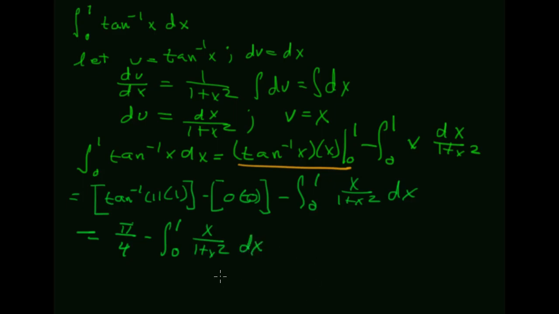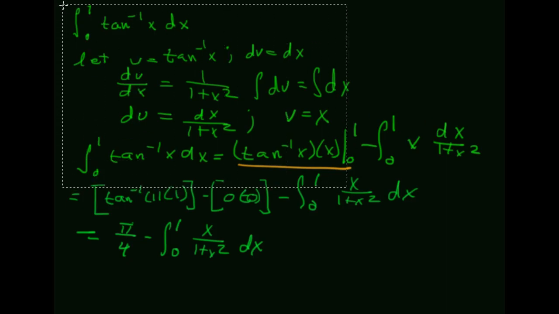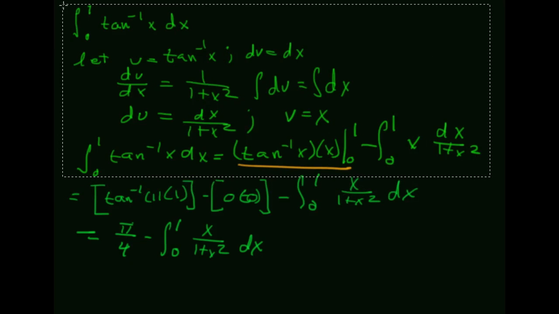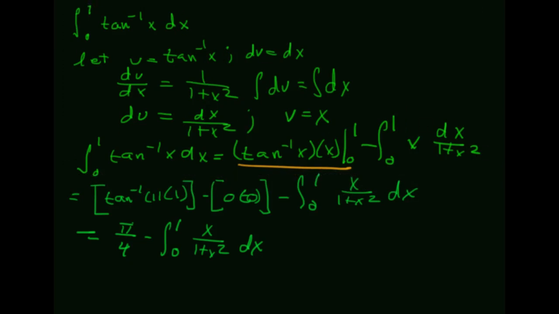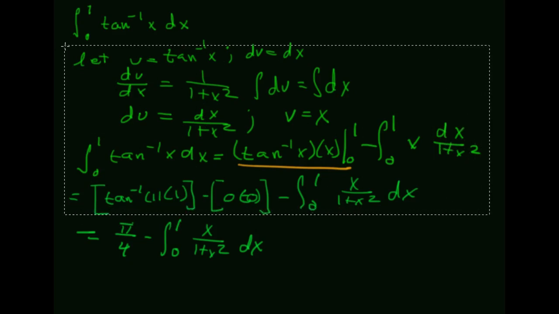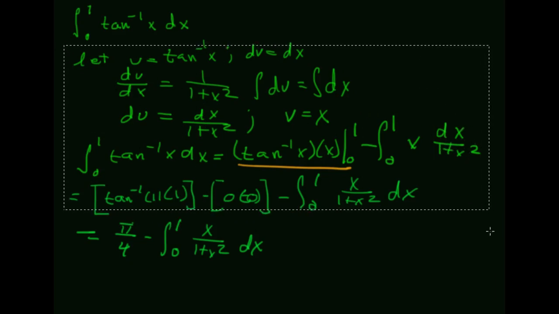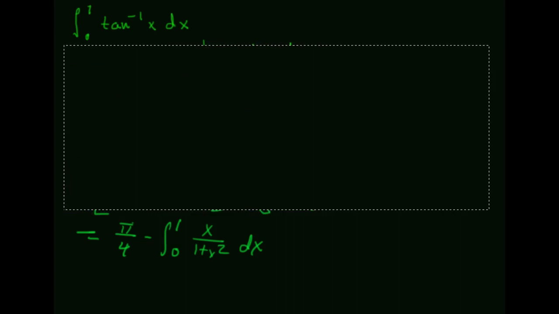Let's get some more space here because we've got a little ways to go yet. Actually, let's not do that. Let's take from here down, so that we can see what the original problem was at the end.